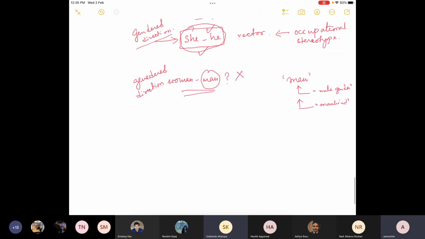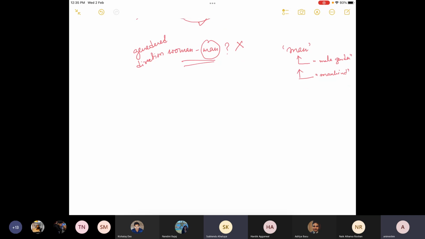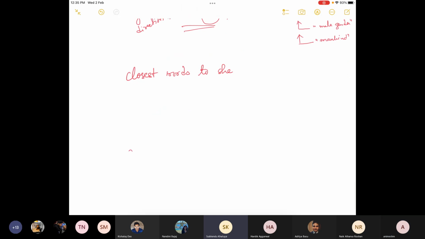Okay, very good. Now, closest words to she and closest words to he. So they found some of the occupation words that are closest to she and that are closest to he.